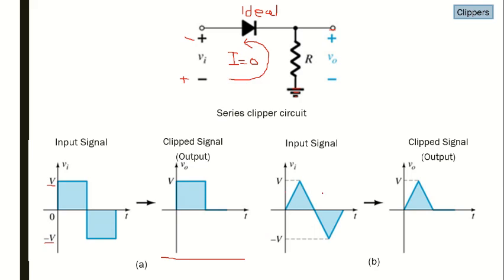The same applies here for the other signal, which is a triangular wave. For the positive half cycle, the diode will be in its on state, whereas for the negative half cycle the output will be 0.